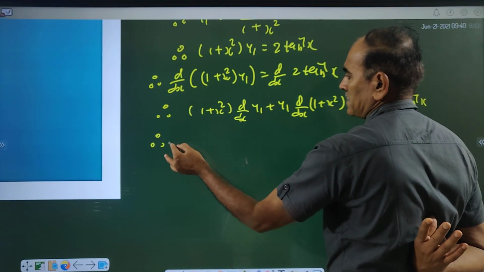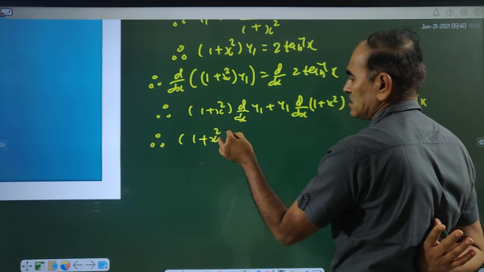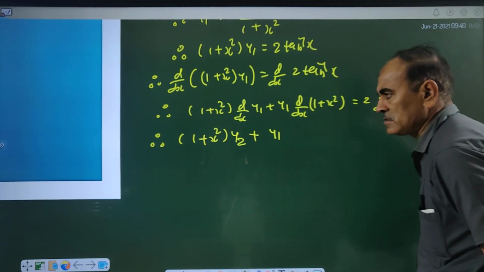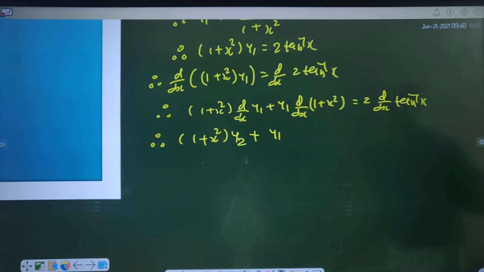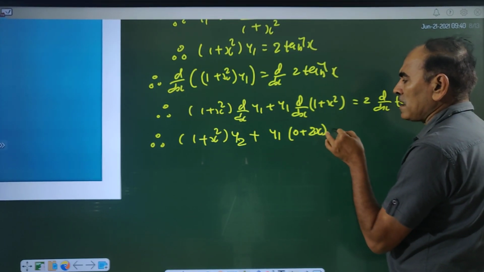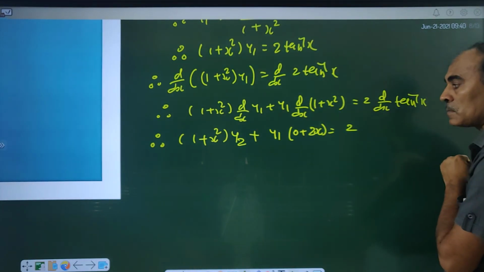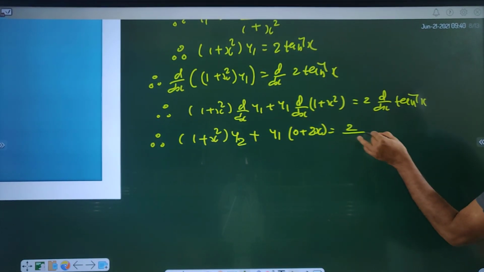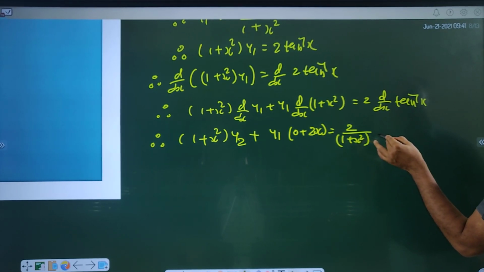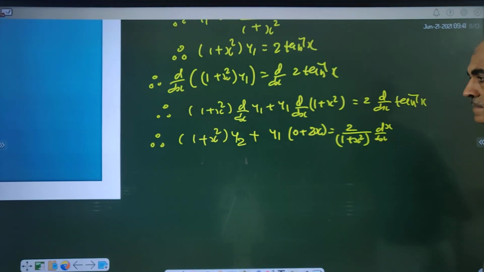And therefore 1 plus x square into y2, y1 as it is, derivative of 1 is 0, derivative of x square is 2x, equals 2 over 1 plus x square, from tan inverse of some function, 1 upon 1 plus function square into d by dx of some function.